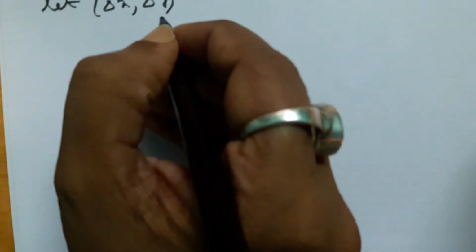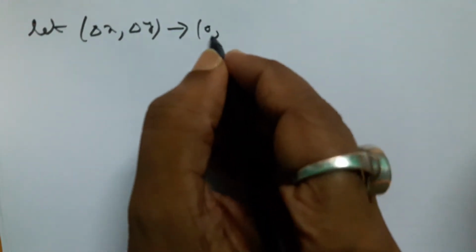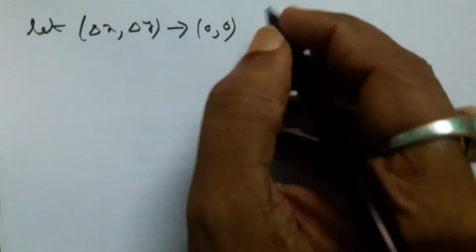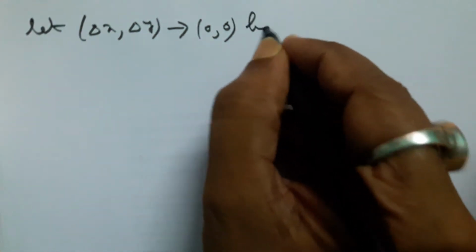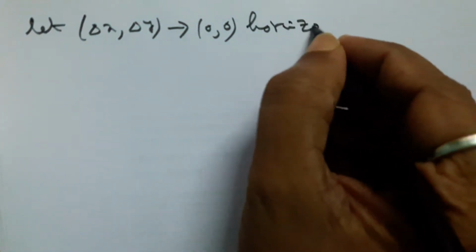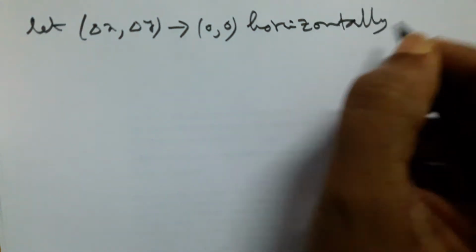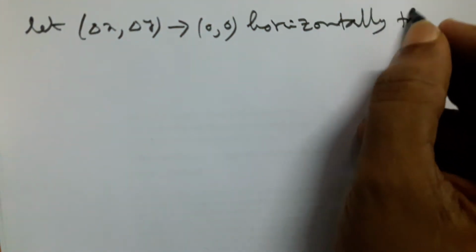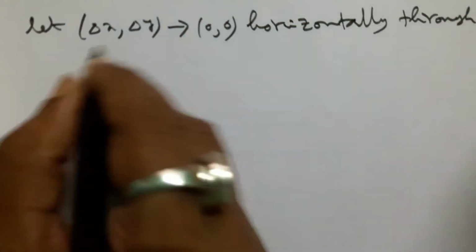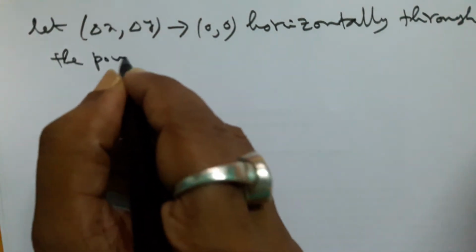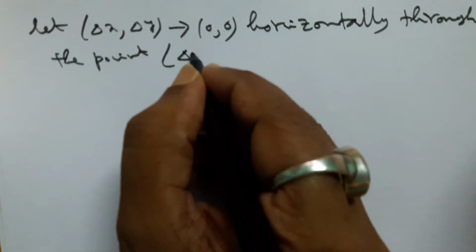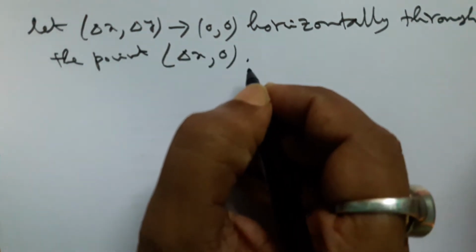Now let del x, del y tend to 0, 0 horizontally, through the point (del x, 0). What happens there?